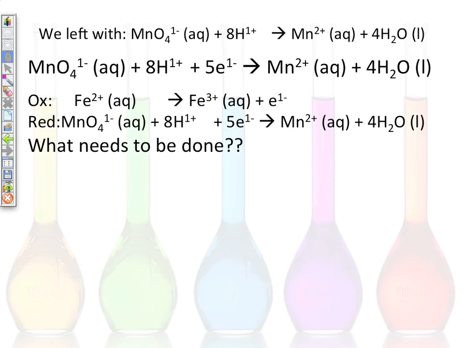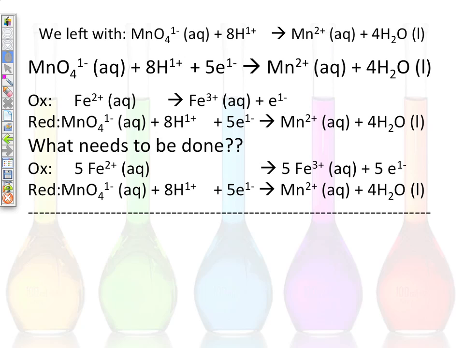I need my electrons to be able to be canceled out, so my oxidation reaction needs to be multiplied by 5. That's perfect. So now I have 5 Fe2 pluses going to 5 Fe3 pluses plus 5 electrons. That's absolutely correct. Now my electrons will be able to be canceled out.